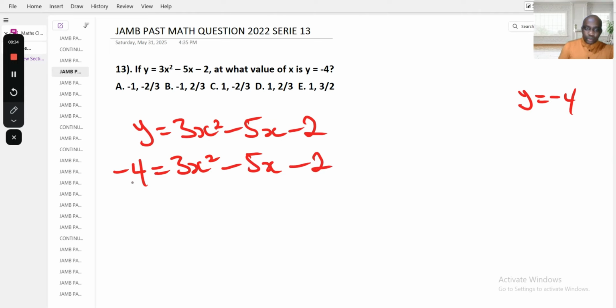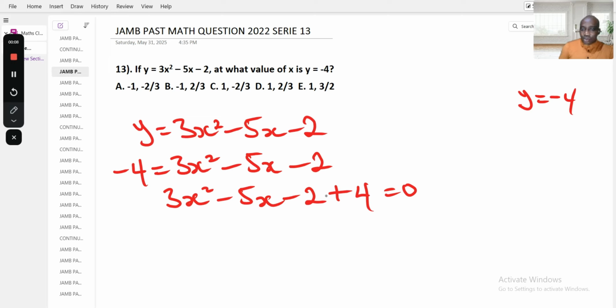Now this minus 2 goes to meet its younger sister, which is minus 4. By the time this minus 4 jumps over the equals sign, it will change its sign to plus. Therefore, we are going to have 3s squared minus 5s minus 2. We have minus 2 here. By the time it jumps over the equals sign, it is going to change to plus, equals 0.